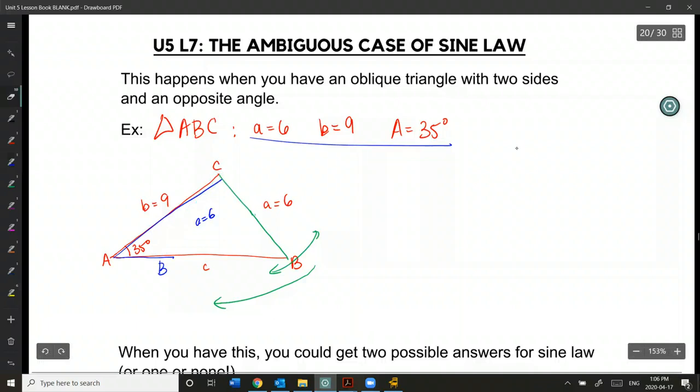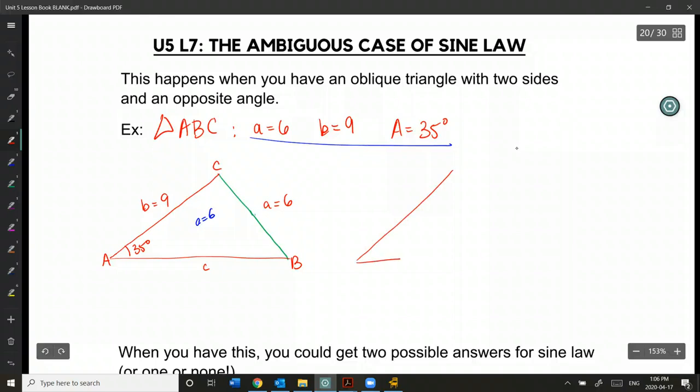So if I were to draw these two separately, this could be option 1 for my triangle here. And option 2 would essentially be the triangle that I drew where the green arm was swung inside. So there's my 2 triangles that I can create, and I'm going to show you maybe a better visualization of this in just 1 second.